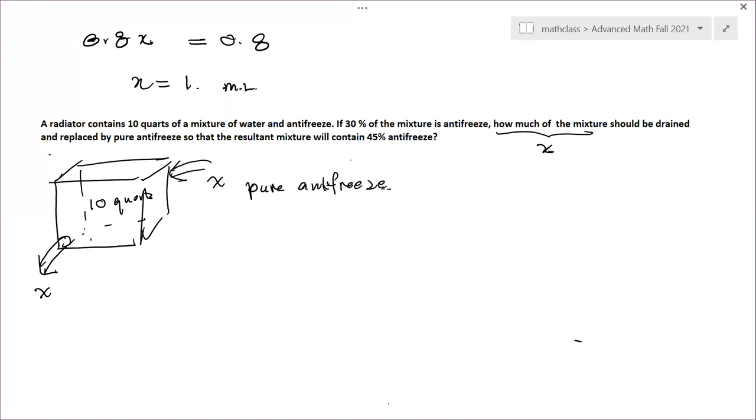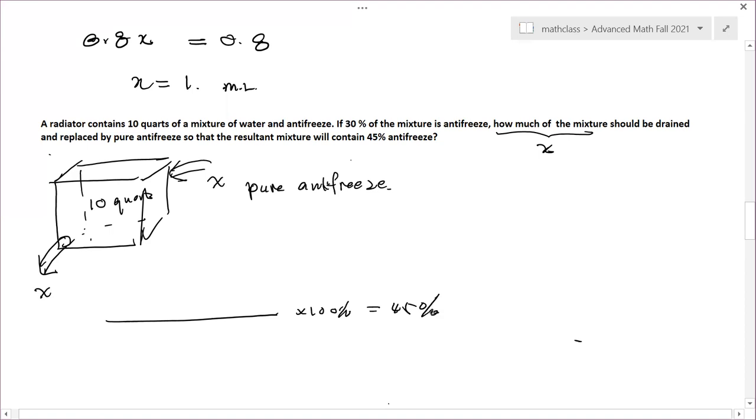So how do you solve the problem? How do you set up the equation? You multiply this by 100%, and you want to get 45%. The question is, how do you calculate this 45%? What is the denominator?